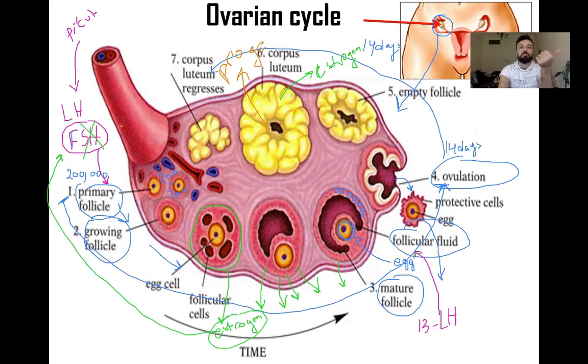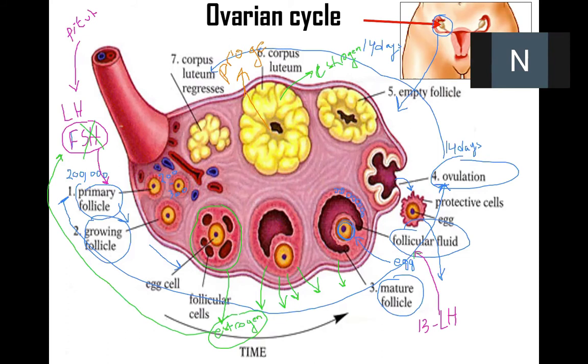FSH. And as FSH reaches the ovary again, new follicles out of the 200,000 that we already stored in the ovary will start maturing, attempting to fully mature, but only one of them will become fully mature.